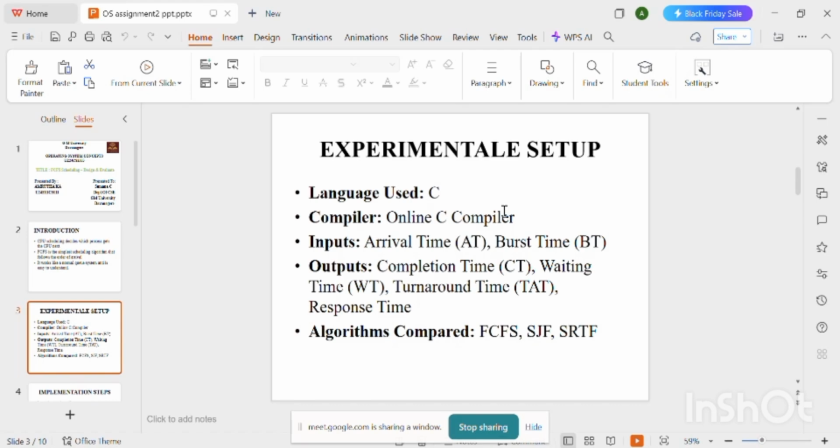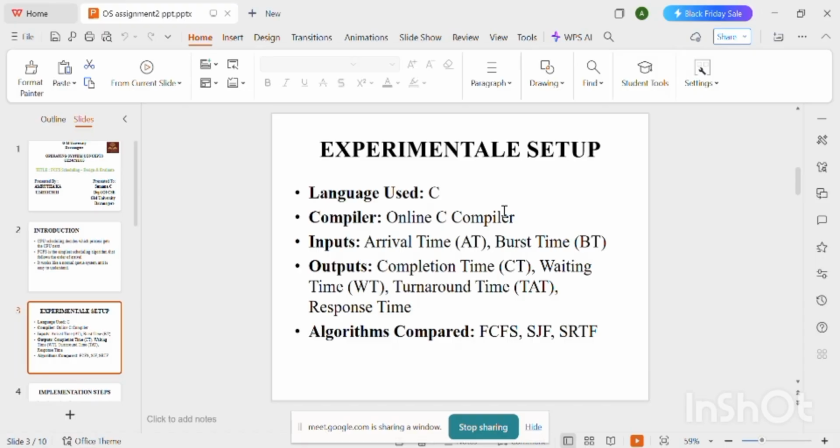Inputs: arrival time and burst time. Arrival time is the time when each process enters the ready queue. Burst time is the total time required by the process for execution. And the outputs: completion time or finish time, waiting time, turnaround time, and response time.